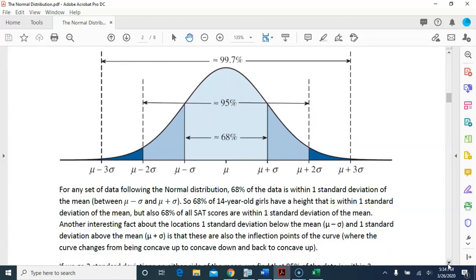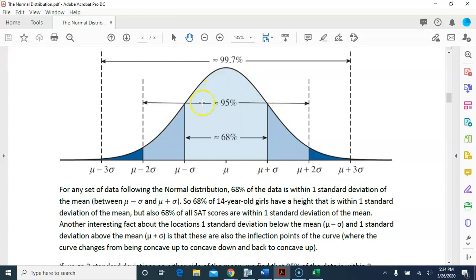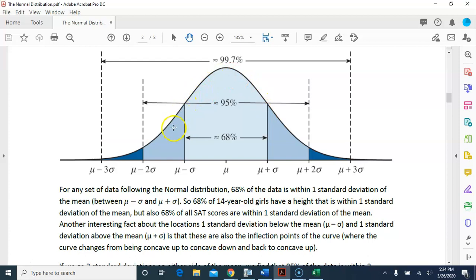The other interesting thing about the 1 standard deviation mark on the curve is that it's where the curvature changes. So this center part of the curve here, the curve is concave down. Over here, past the 1 standard deviation mark, the curve is concave up, and over here the curve is concave up.